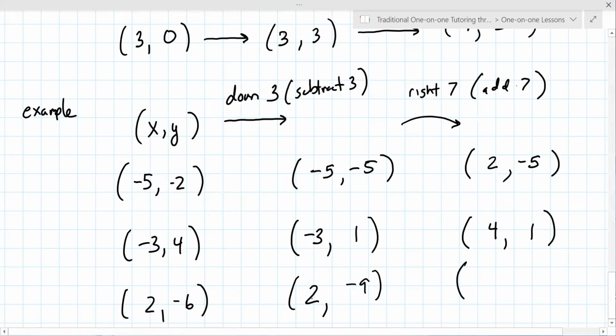So last one here on this part, 2, when you go right, you're adding 7. So 2 add 7.